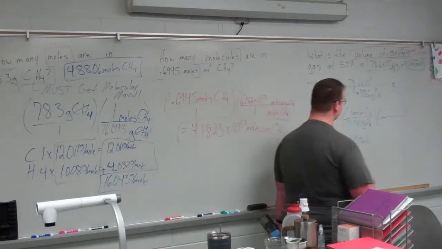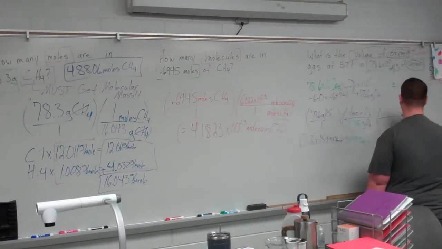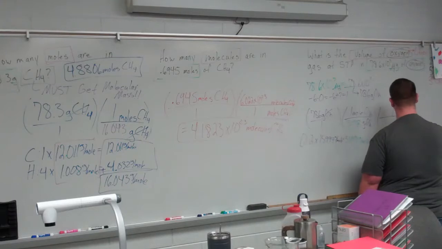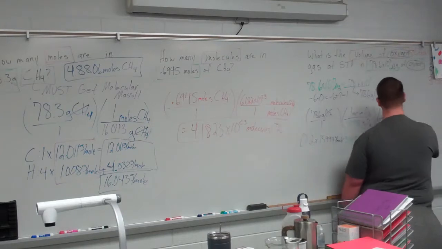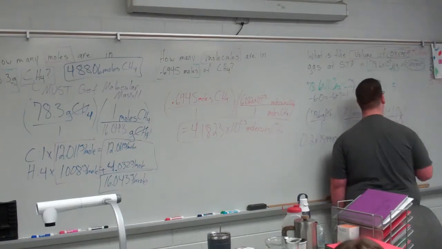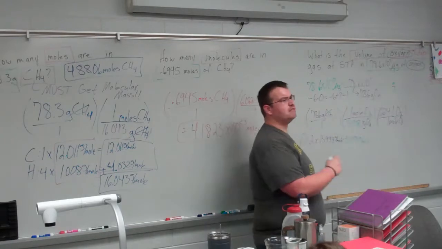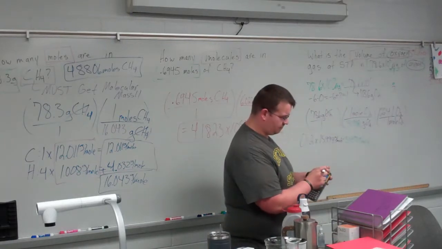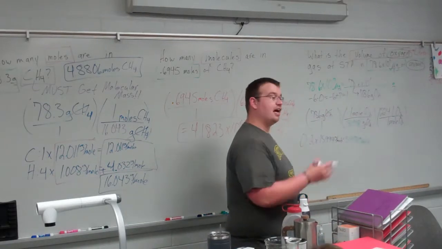Yes, I'm going a little faster so we can get through this. Liters of O2, 22.4, and on the bottom, you have moles of O2. Now, 22.4 goes here, but why can you do this calculation? What gives you the ability? Thank you, Seth.